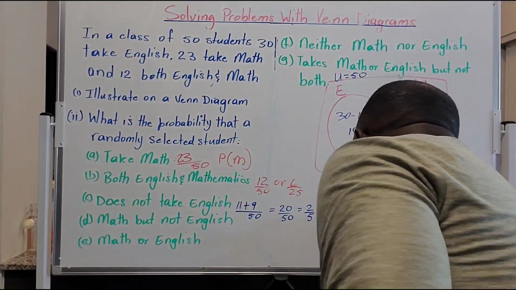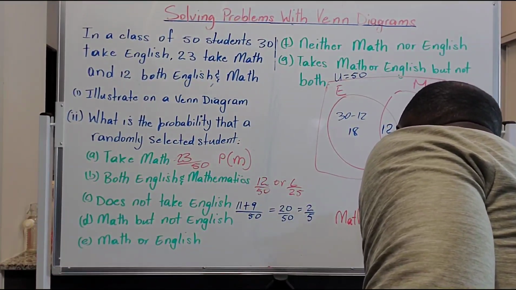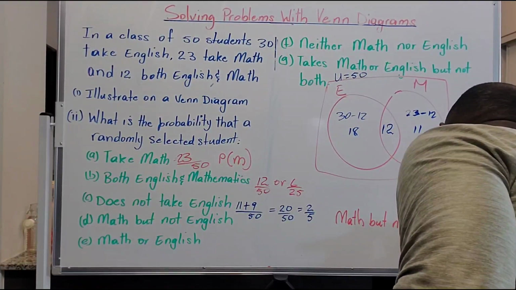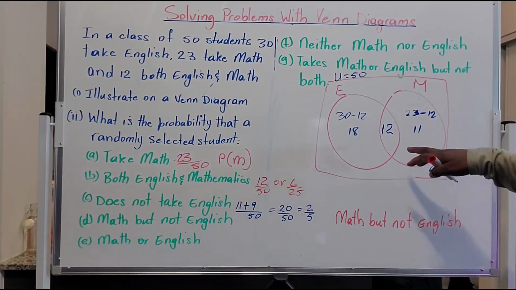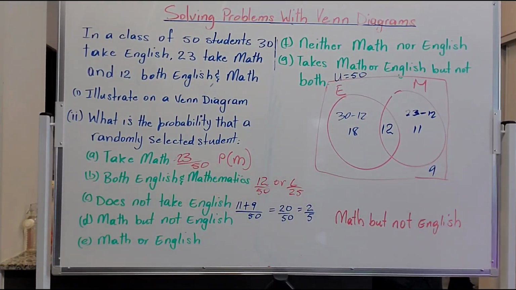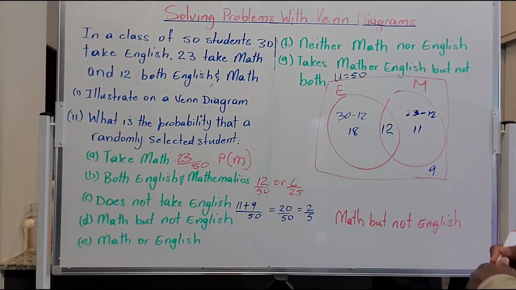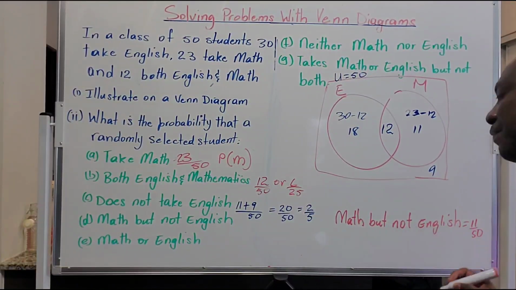So we look at those who are doing math but not English. I just write it here, guys. Math but not English. So they are doing math but they are not doing English, and clearly we can see that there are 11 out of 50.